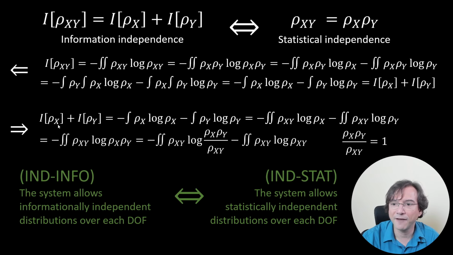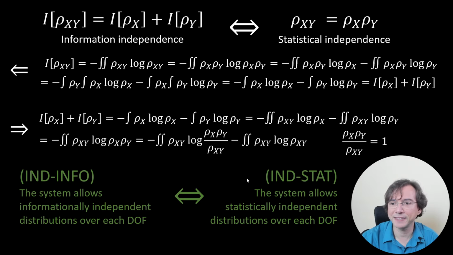And so if we have that this sum is equal to this, this must be 0. And if this has to be 0, then the only way that it can do it is if this logarithm is equal to 0, which means that the argument of the logarithm has to be equal to 1. Therefore, the joint distribution has to be the product of the marginals.